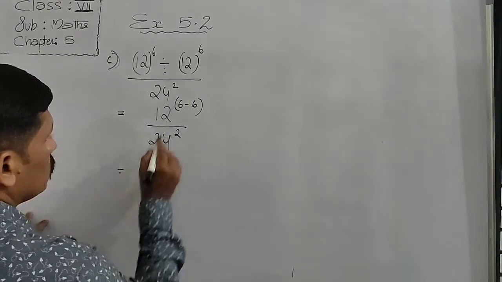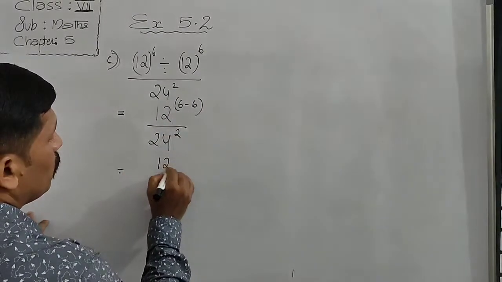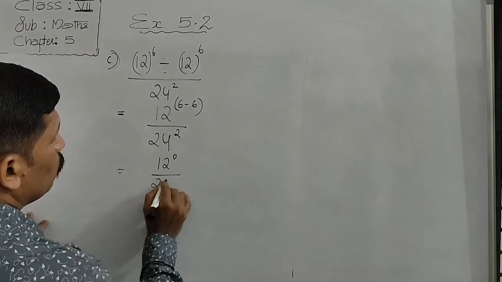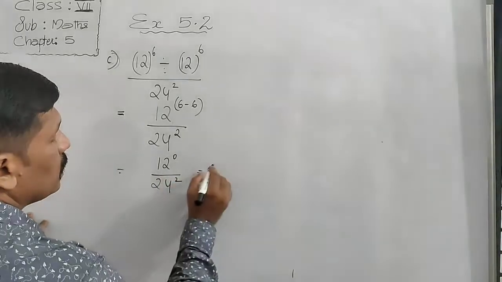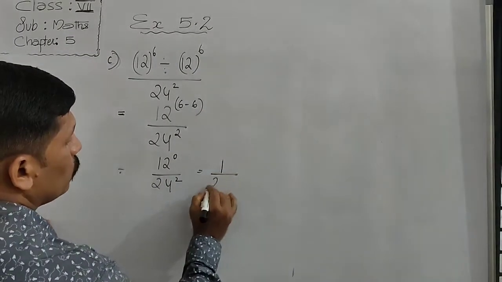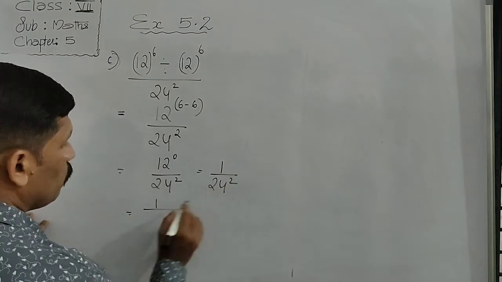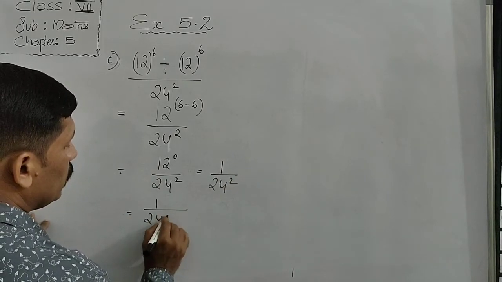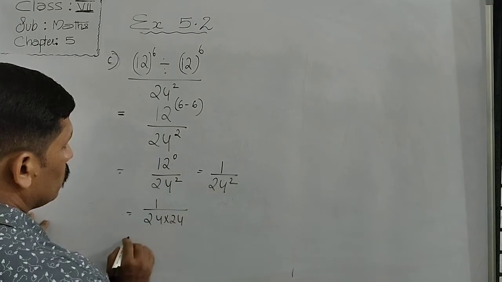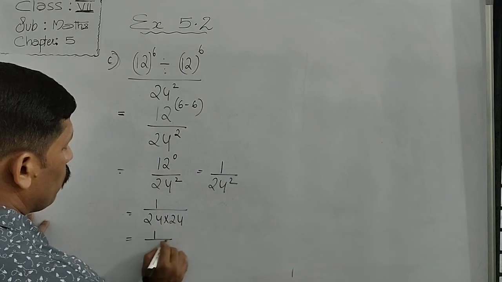That is equal to 6 minus 6 means 12 power 0 upon 24 power 2. Power 0 means its value is 1. So 1 upon 24 power 2. 24 power 2 means 24 into 24. That's equal to 1 upon 576.